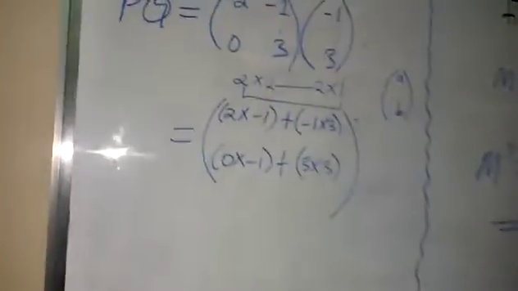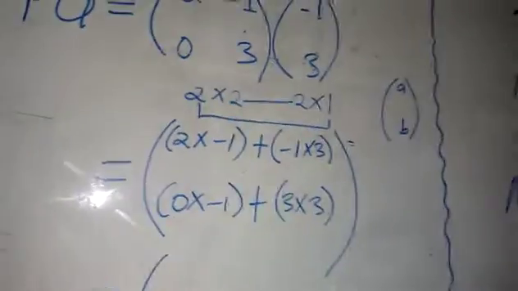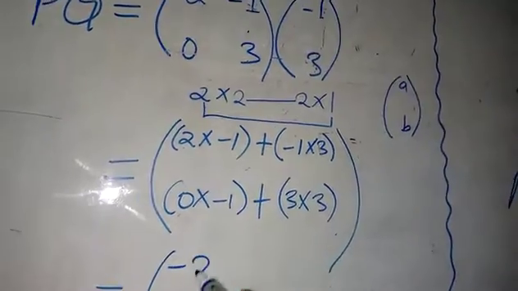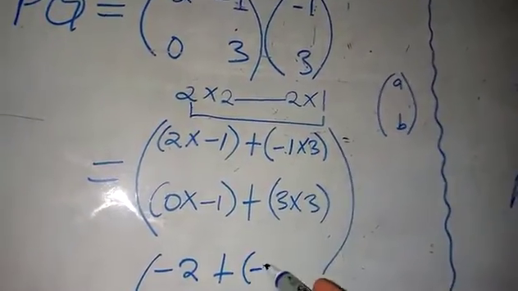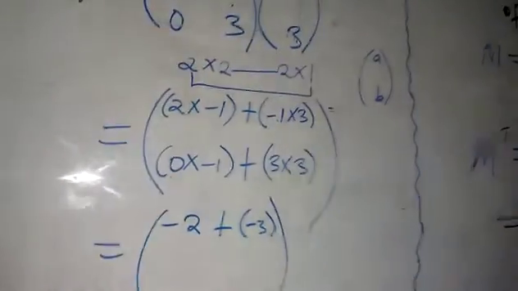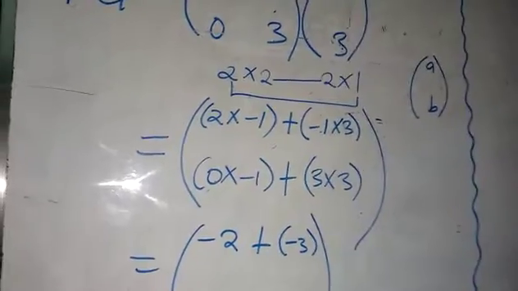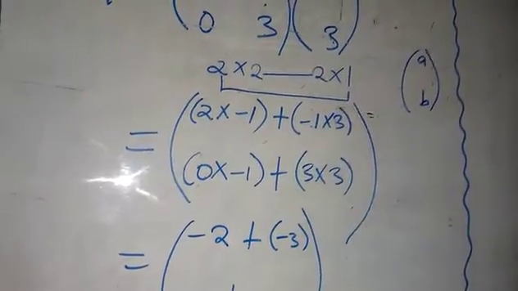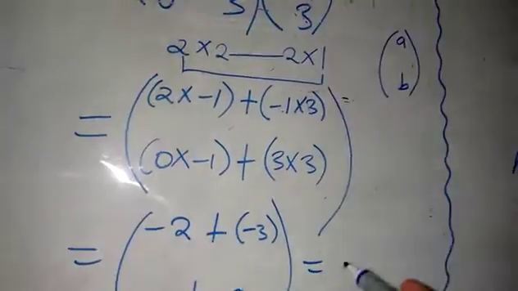Then we can add. So we are saying 2 multiplied by -1, the answer is -2, plus -1 multiplied by 3, the answer is -3. Then below you have 0 multiplied by -1, the answer is 0, plus 3 multiplied by 3, the answer is 9.